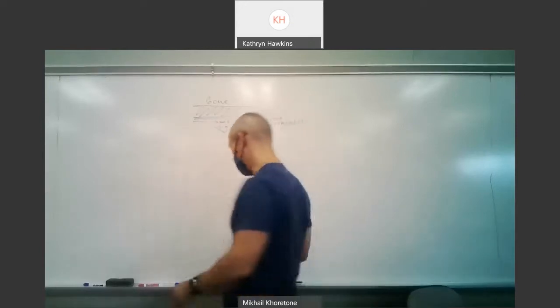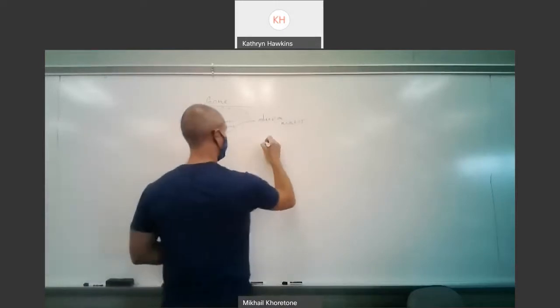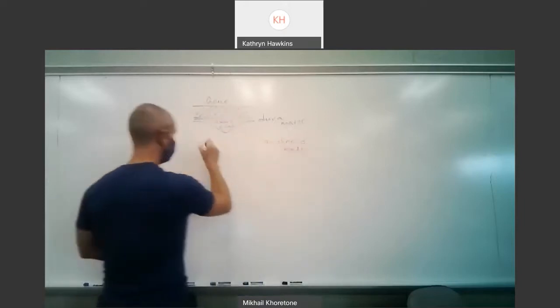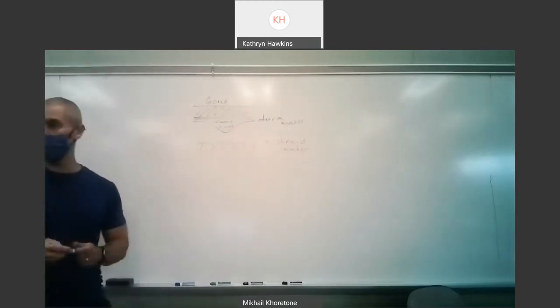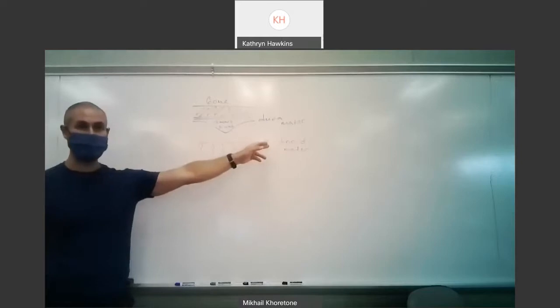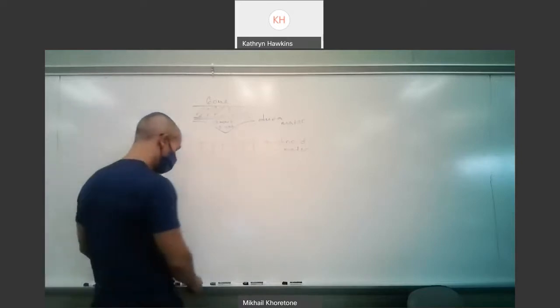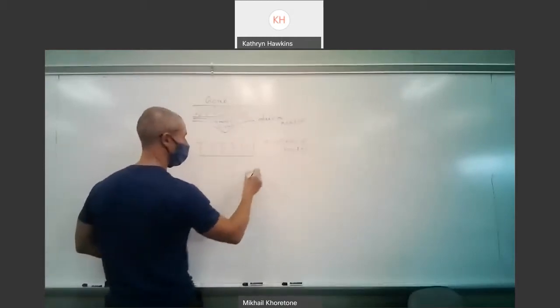Under dura mater is arachnoid mater. It's called arachnoid because it has fibers that look like a spider web. Arachne is a spider. Okay? And at the very bottom is pia mater, really, really thin and delicate.